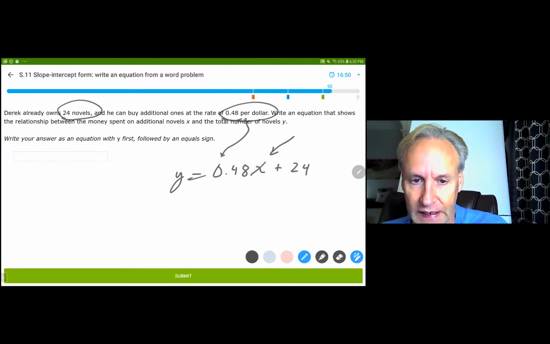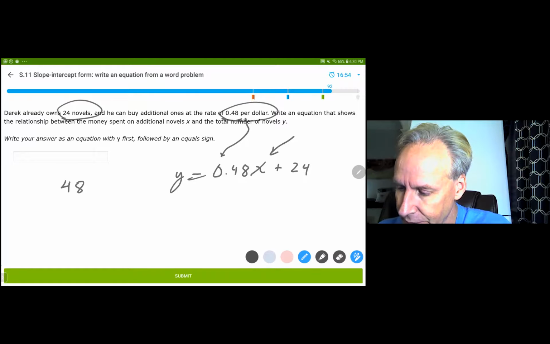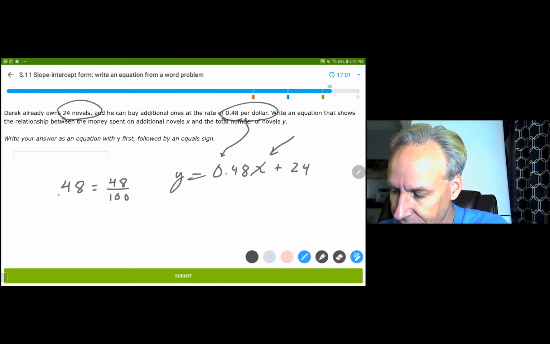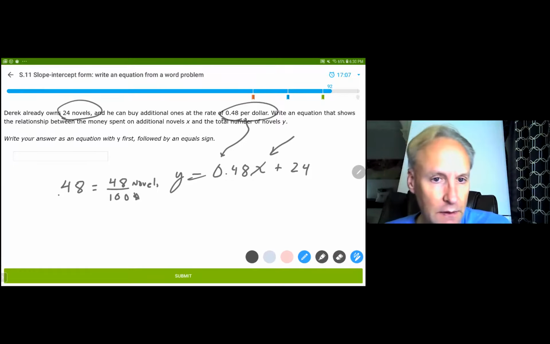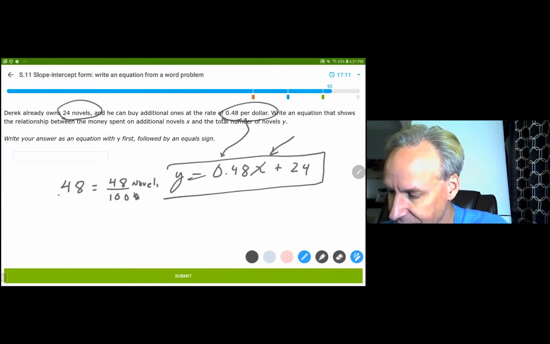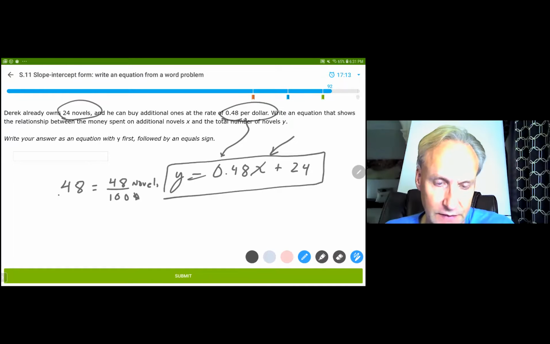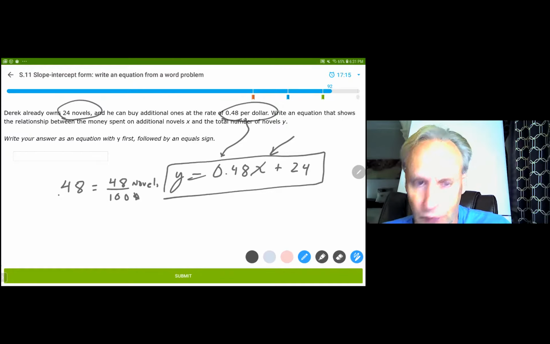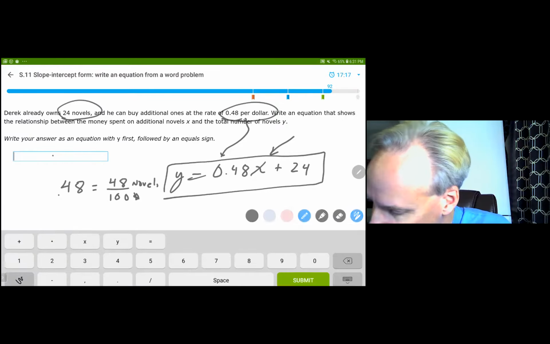That's what that 48 over 100 means. 0.48 says 48 hundredths, and this is 48 novels for $100. They do not cost 48 cents apiece. It's not a very easy one to interpret. Anyway, looks like that's what they're looking for though.